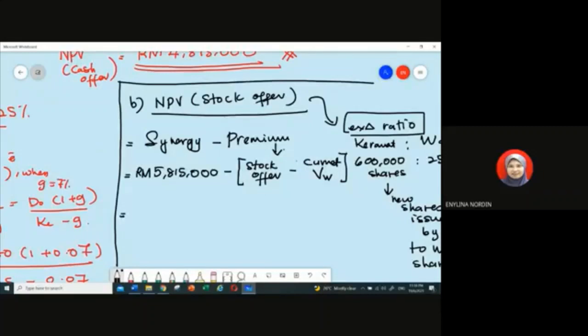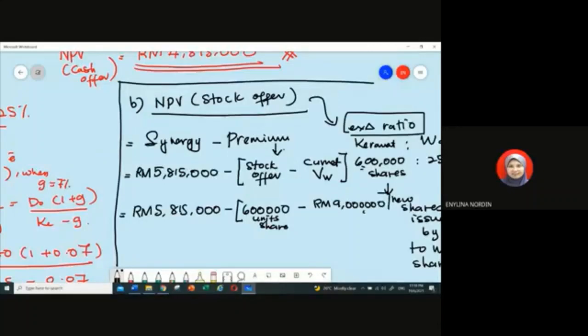So we have the 5,815,000 ringgit synergy, and you minus the stock offer, which is the 600,000 units of shares offered to Wangsa Setia's shareholders, and then the current value, which we already calculated in the first step as 9 million ringgit.